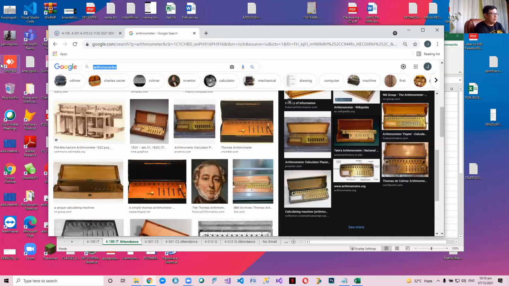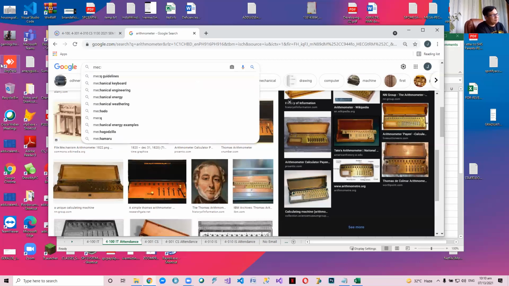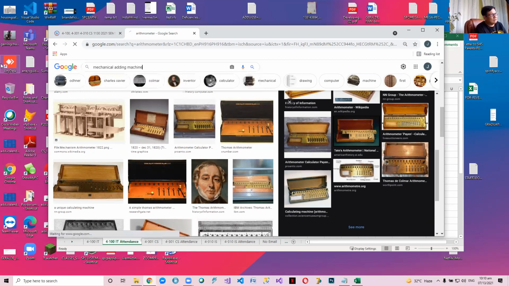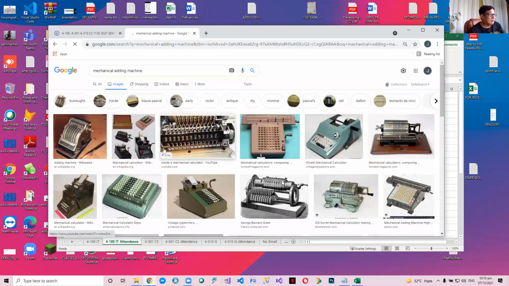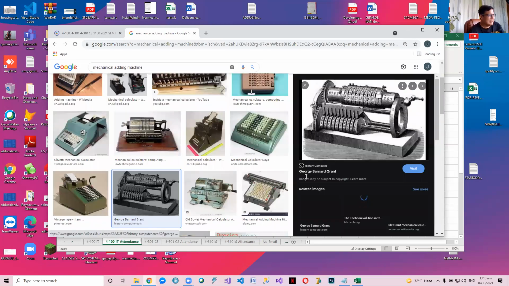Okay, let's look for a mechanical adding machine. Ito, no? This is an improvement of the arithmeter. Instead of using wheels, it uses keyboards, with a crank on the right. Do you follow? Keyboards na ang ginagamit.